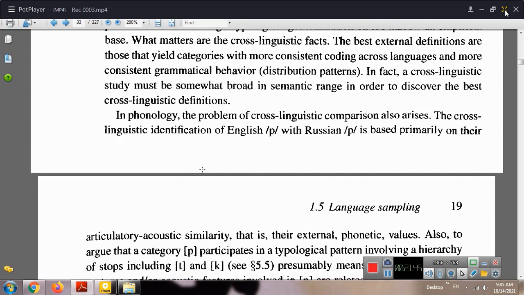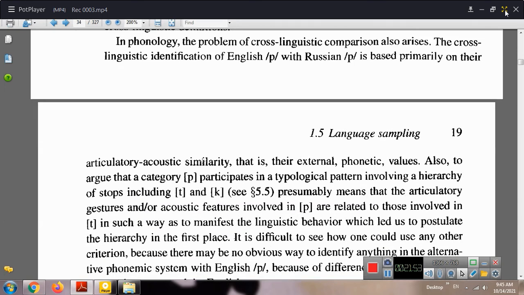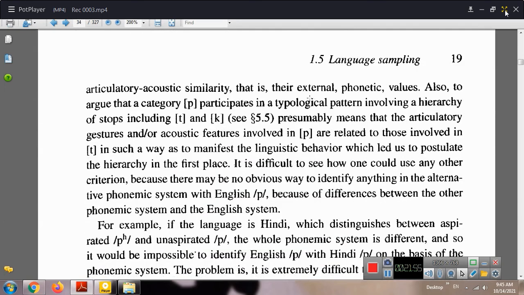The cross-linguistic identification of English P with Russian P is based primarily on their articulatory acoustic similarity, that is, their external phonetic values.